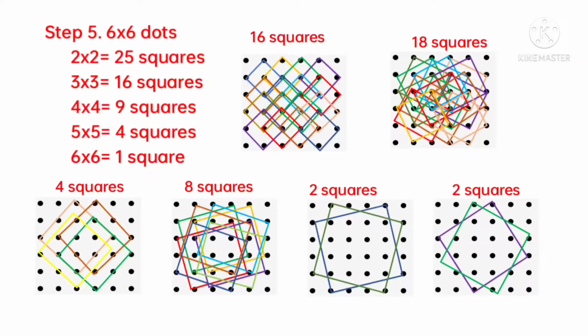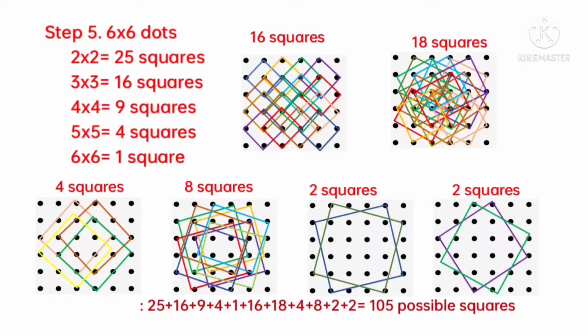Papatunayan natin mamaya kung talaga bang square to o hindi. So, 25 plus 16 plus 9 plus 4 plus 1 plus 16 plus 18 plus 4 plus 8 plus 2 plus 2 is equal to 105 possible squares.